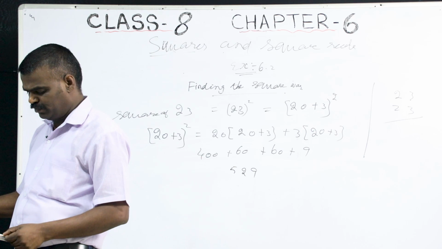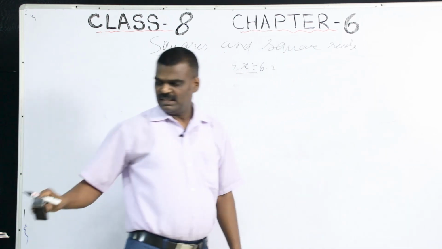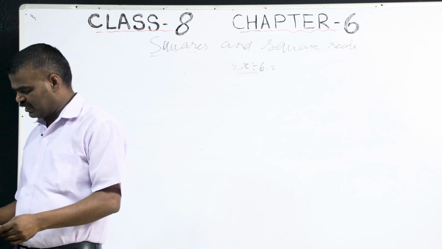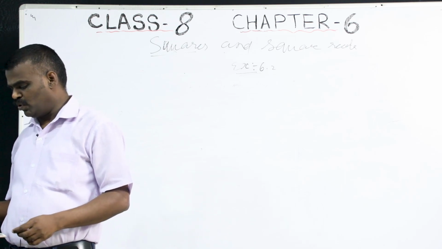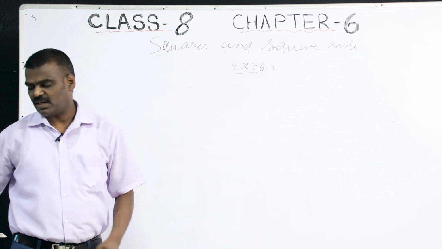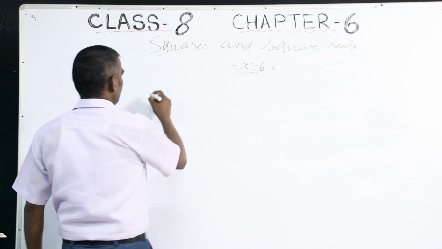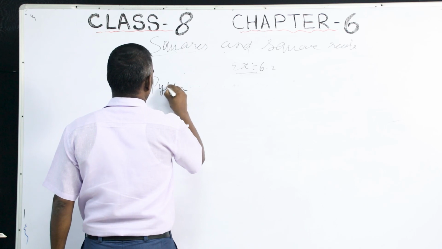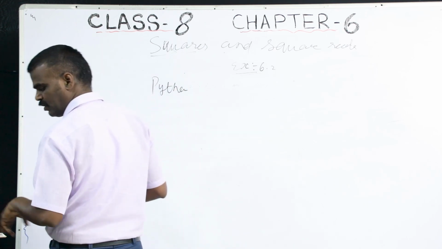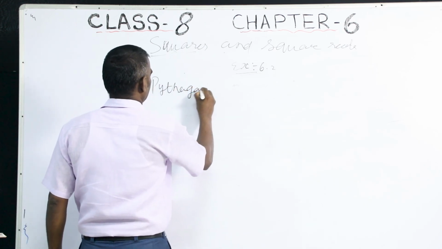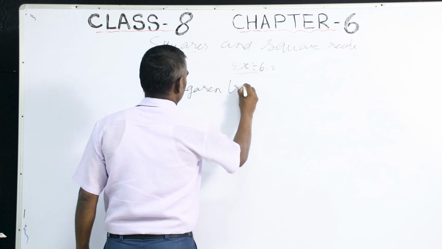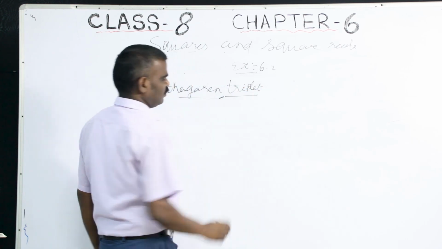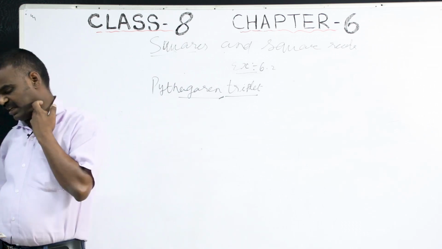Let us go to exercise 6.2. Before going to exercise 6.2, we have to do one more thing, that is Pythagorean triplet.